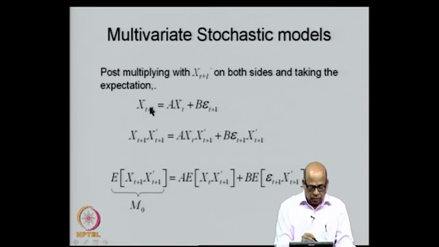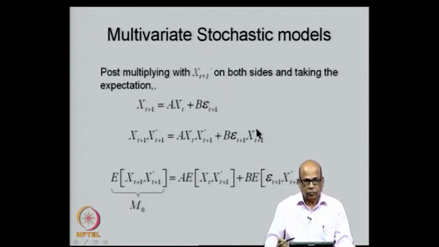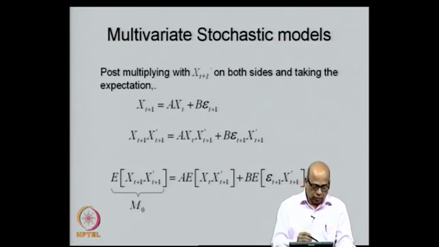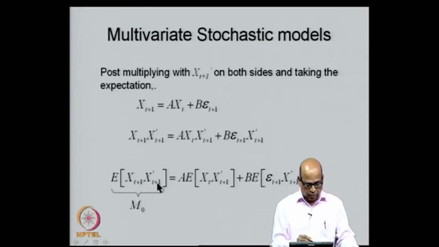So I will multiply this with x t plus 1 prime: x t plus 1 into x t plus 1 prime, and A x t into x t plus 1 prime, plus B epsilon t plus 1 into x t plus 1 prime. Now, we take the expectation. So I will write this as the expected value of x t plus 1 x t plus 1 prime is equal to A into the expected value of x t x t plus 1 prime plus B into the expected value of epsilon t plus 1 x t plus 1 prime.